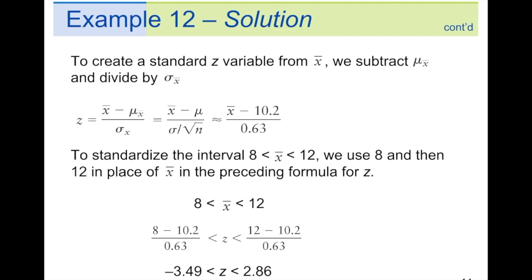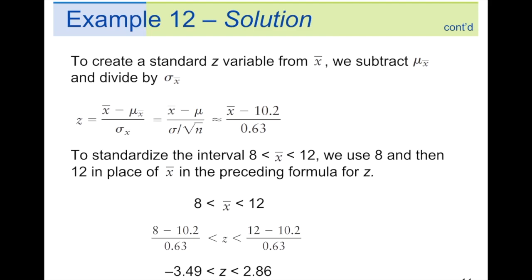To create a standard z variable from x bar, we subtract mu sub x bar and divide by sigma sub x bar. And we get z equals x bar minus mu sub x bar divided by sigma sub x bar, which is pretty much what we've been dealing with, just replacing x with x bar.